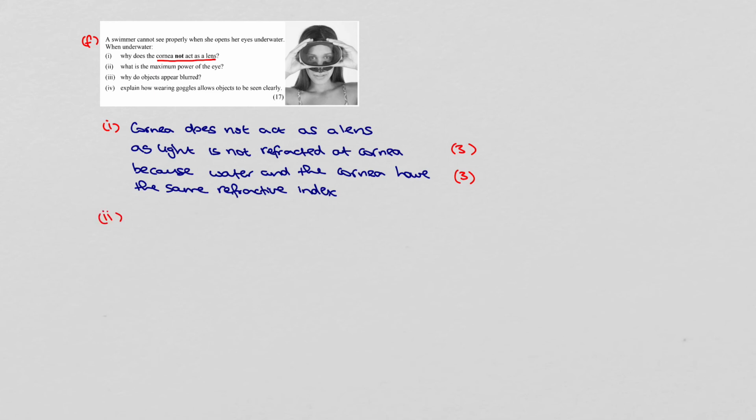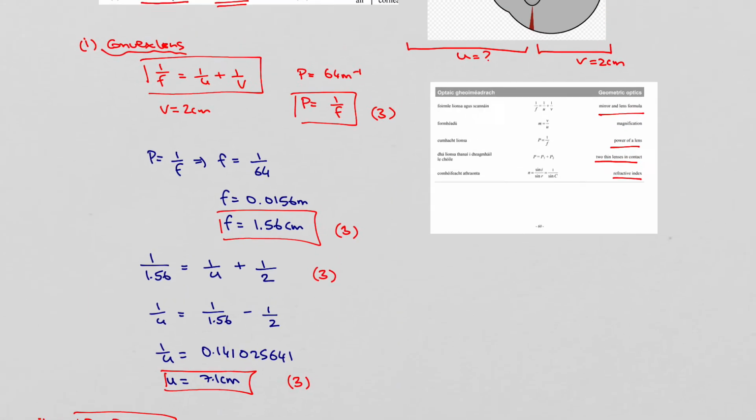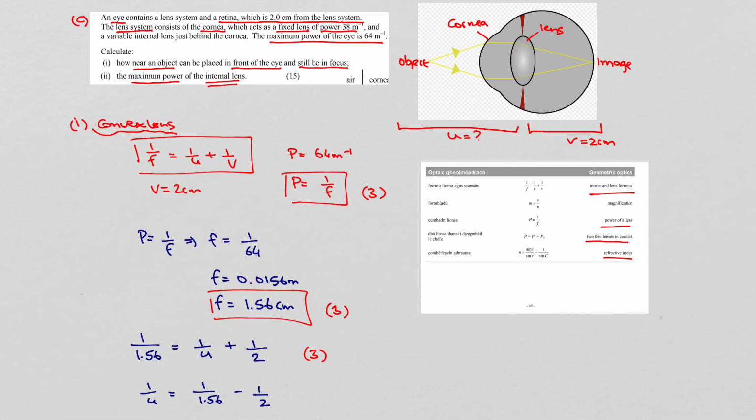So as a result, if the cornea is not acting as a lens, then the maximum power of the eye, if we go back to our previous question, the lens system was the cornea and the lens. But if we don't have air in front of the cornea and we just have water, the cornea is no longer acting as part of the lens system, which means we only have the internal lens.